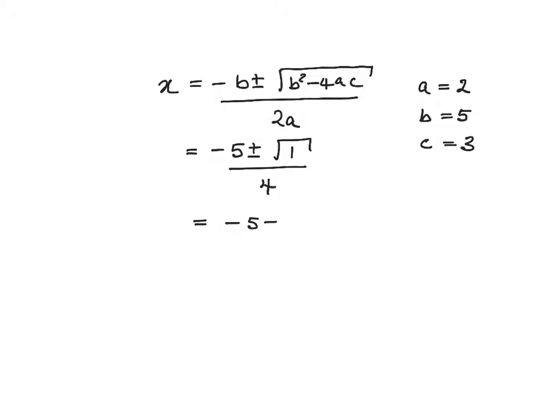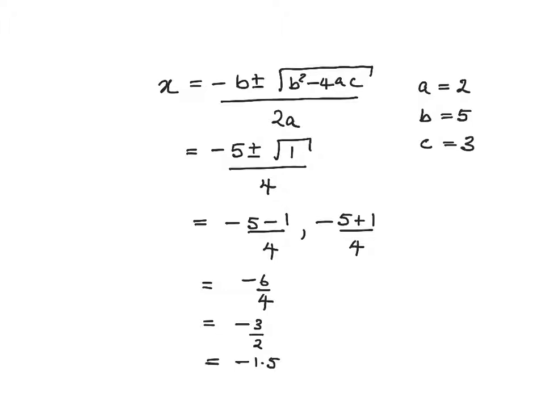Now the square root of 1 is 1, which makes life a bit easier. Minus 5 minus 1 over 4, and minus 5 plus 1 over 4. So we have minus 6 over 4, which simplifies to minus 3 over 2, and that's minus 1.5.